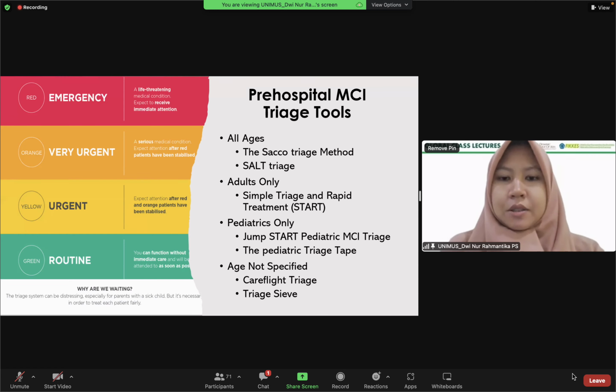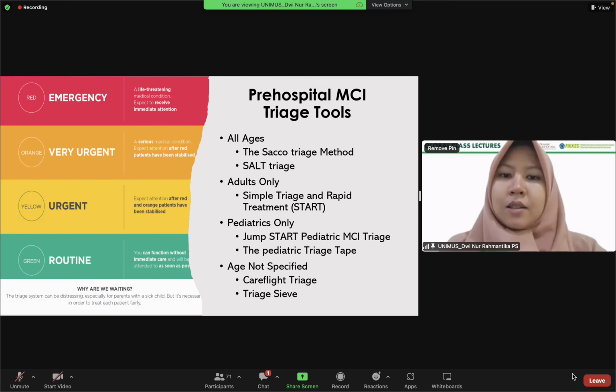And then for pediatric triage, we have JumpSTART that I already showed you. And for the second, we have the Pediatric Triage Tape. And for situations where we don't know the patient well, or have no information about their age, we can use Care Flight triage or Triage Sieve.